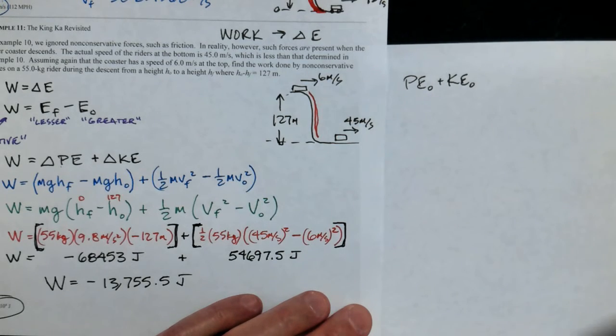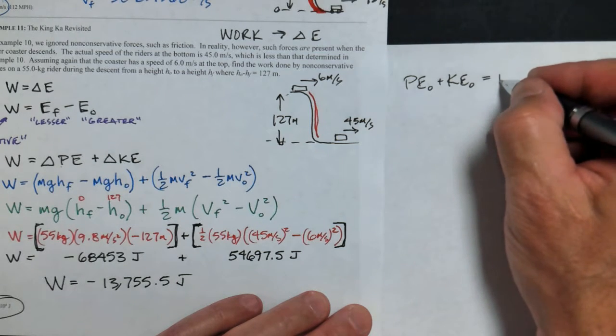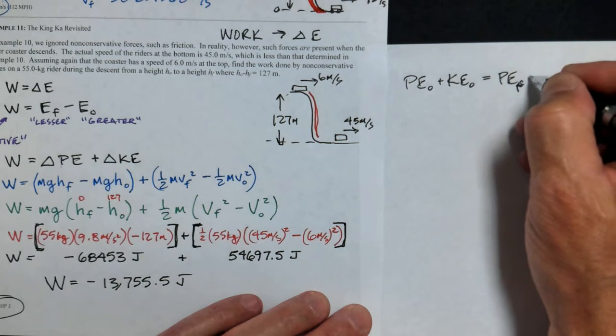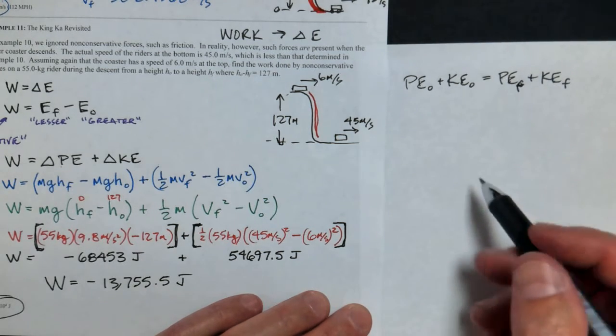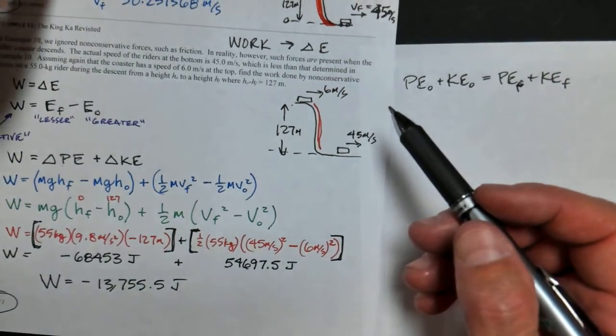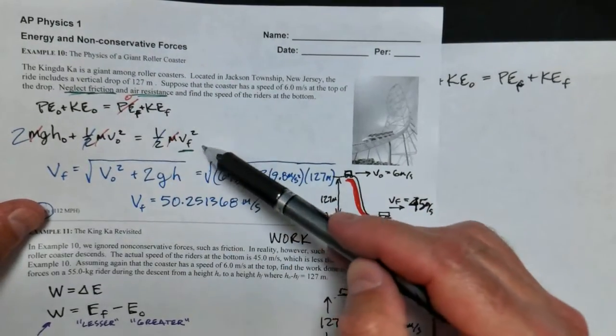Now when it gets to the bottom, we're going to move into potential energy final plus kinetic energy final. That would be fine, and that's in fact what we did up here when we looked at the conservation of energy, and it just all went into kinetic energy here.